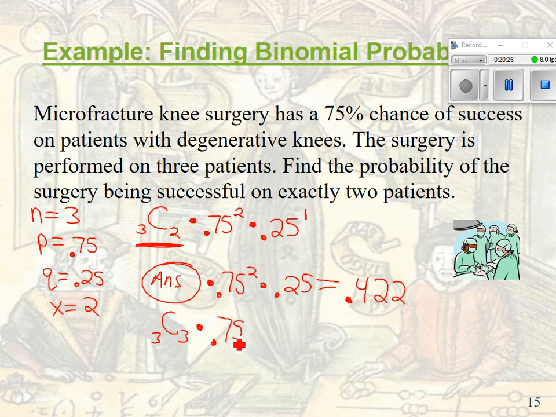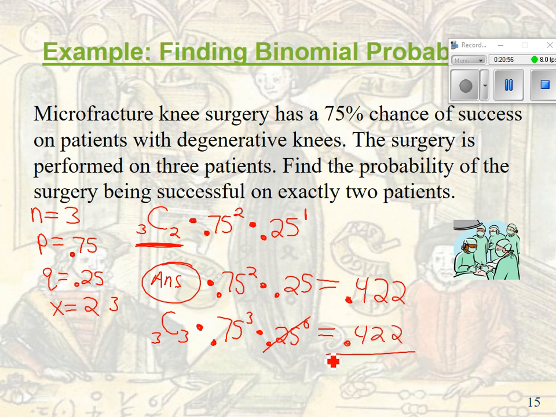It's 0.75 to the x, so that'd be to the third, times 0.25 to the, if our x is 3 now, what's 3 minus 3? 0. What is 0.25 to the 0 power? 1, so do we really need that on there? No. It's getting all 3, so that's 0.422.